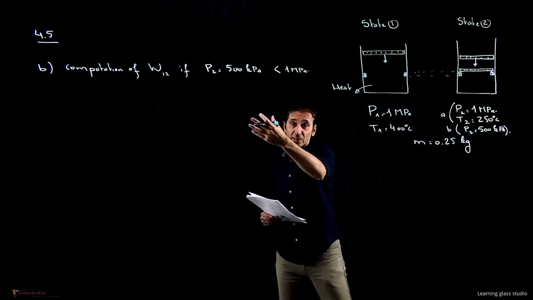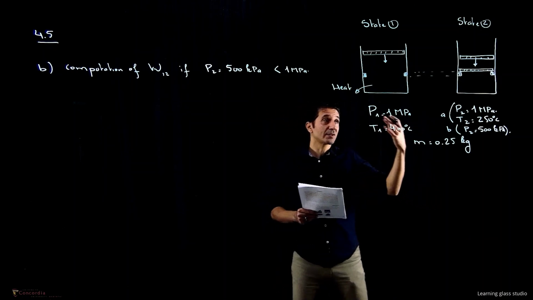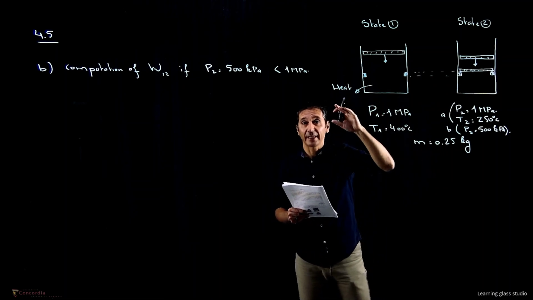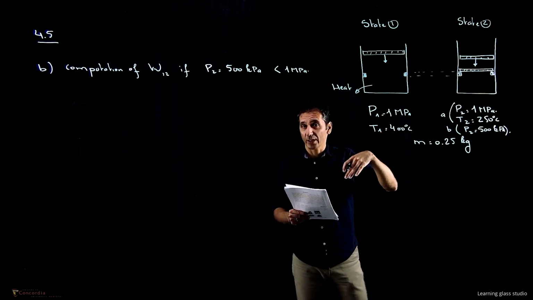While the piston is moving down, it's at constant pressure at 1 megapascal. If the pressure is lower, it means that the piston has already hit the stops and we are continuing rejecting heat. And this is why now we have a lower pressure.